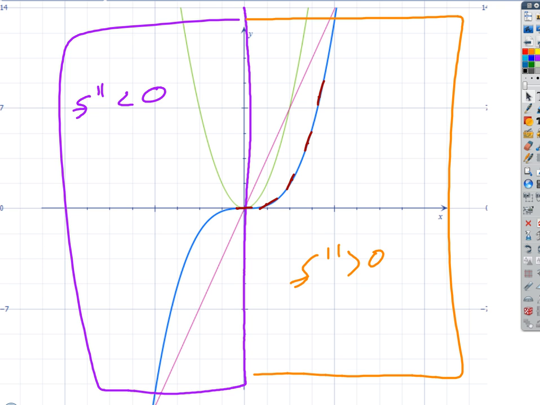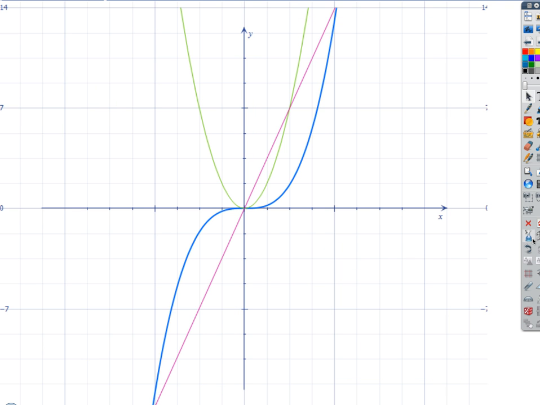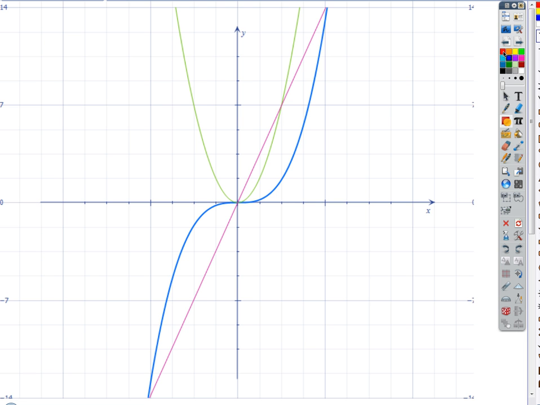Any place where the second derivative is positive, if I draw in a tangent line, like so, there's a tangent line where it's positive. Compare that to a place where we draw in a tangent line where the second derivative is negative. What's the difference?